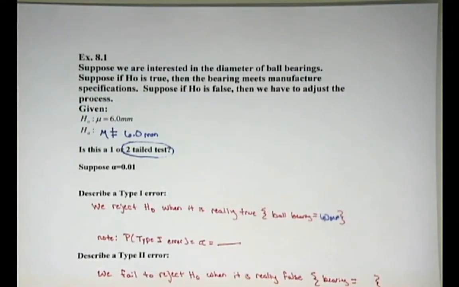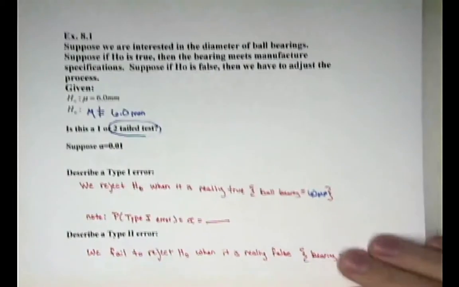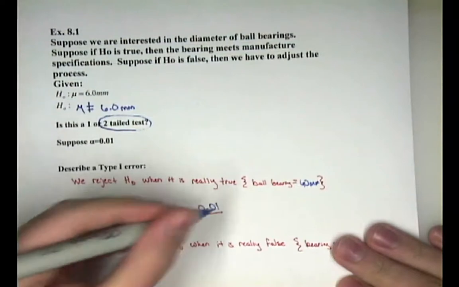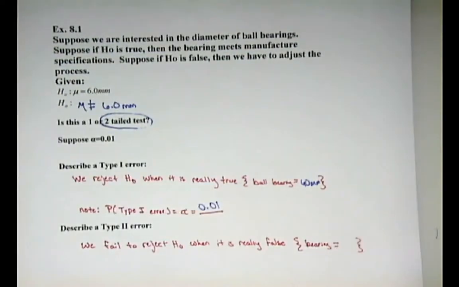Okay? So we're saying that it's not meeting specs and we stop everything to adjust stuff. But in reality, it is meeting specs. So that's a type 1 error. The probability of making a type 1 error is our alpha value.